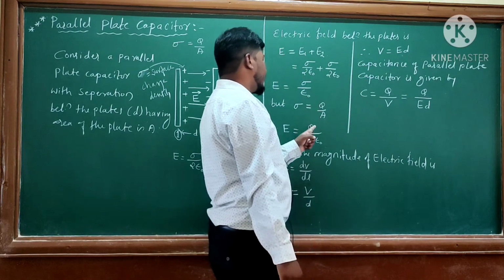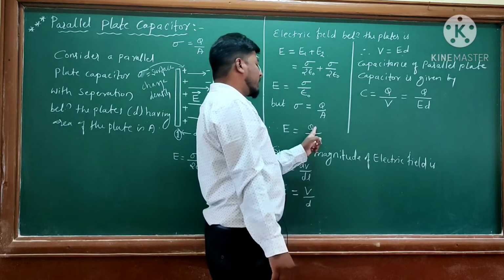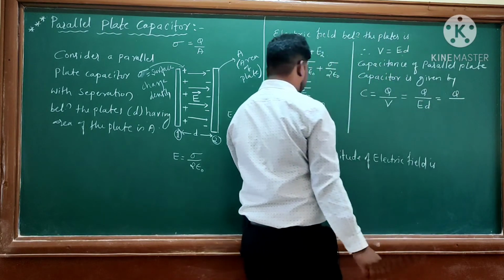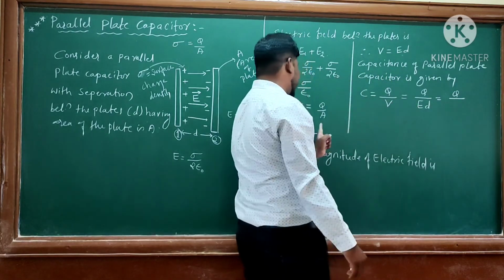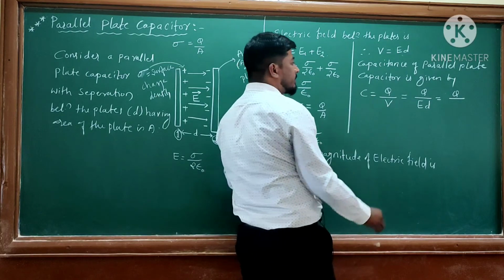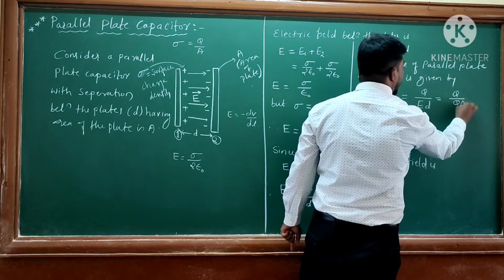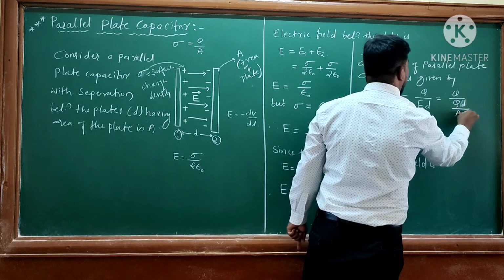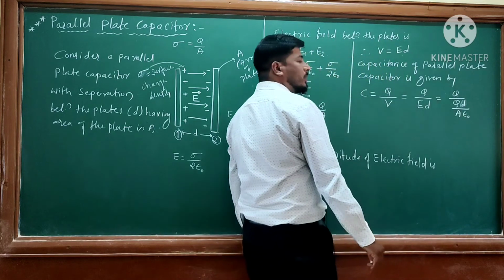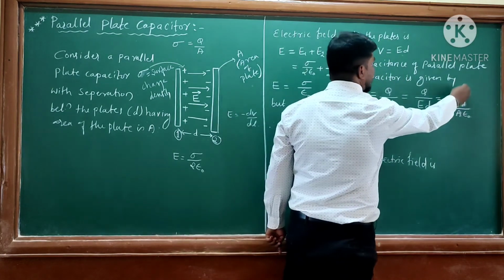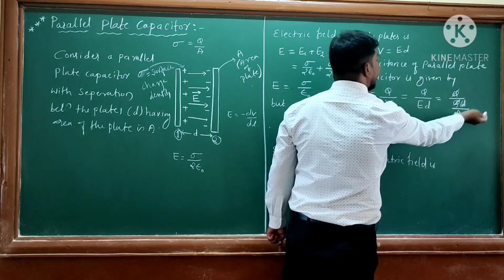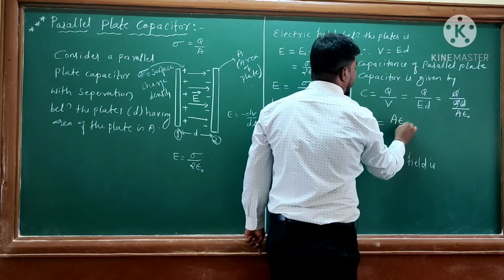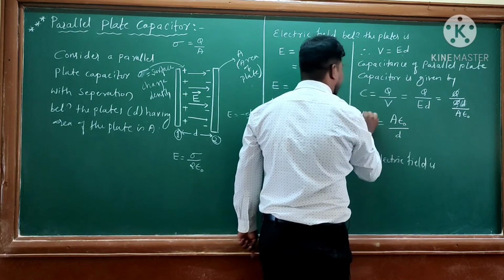What is E here? E is nothing but Q divided by A epsilon naught. So it is Q into d divided by A epsilon naught. So this Q gets cancelled. Bring this A epsilon naught to the numerator. What I will get is A epsilon naught upon d.